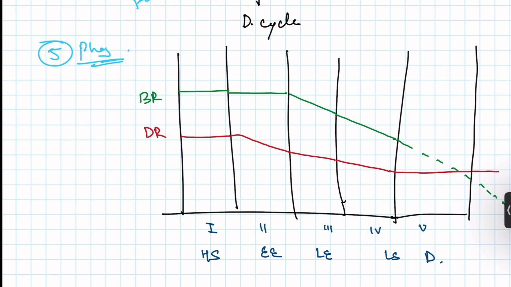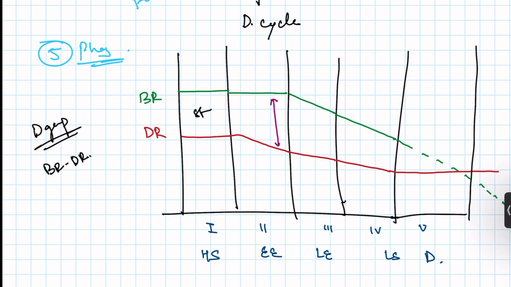So what do you mean by demography gap? Demography gap means the birth rate minus the death rate. In the first phase, both are high, so it is stable. In the second phase, we can see that the death rate is starting to decline, so here it will be the highest.